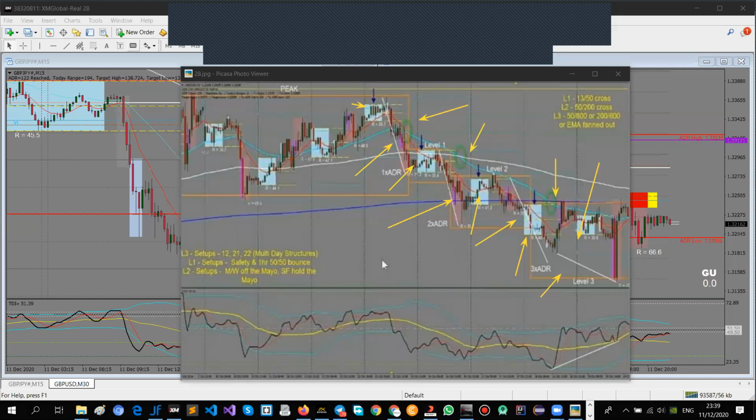So let's count them from the first one. The first one being the 2.5 to 5 days of rise or drop. The second one, Asian box taking. The third one, ADR, counting levels using the ADR. The fourth one, EMA crosses.